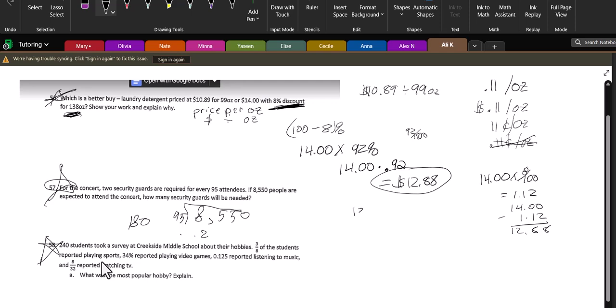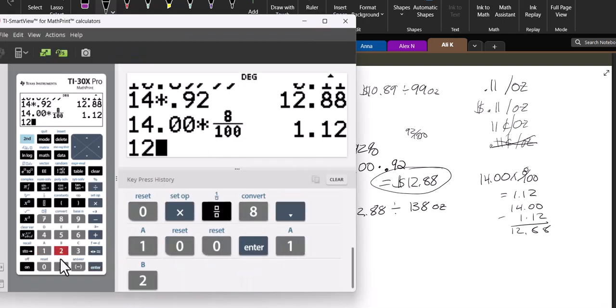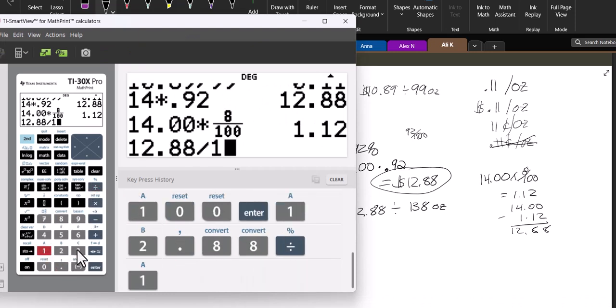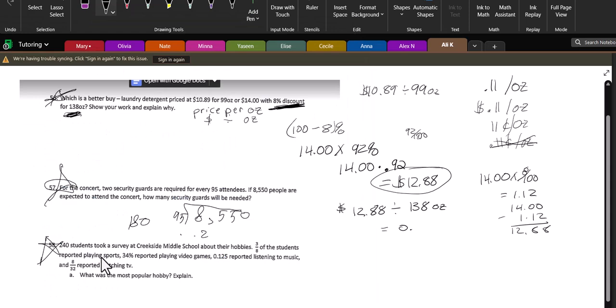So I will take $12.88 divided by 138 ounces, and I get 0.093, or 9.3 cents per ounce.